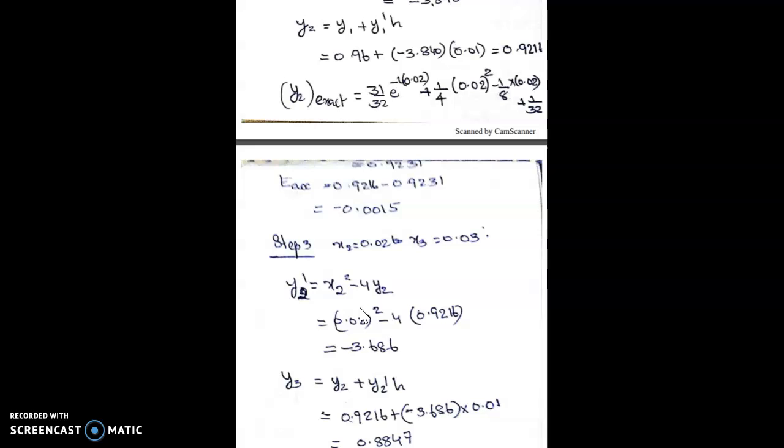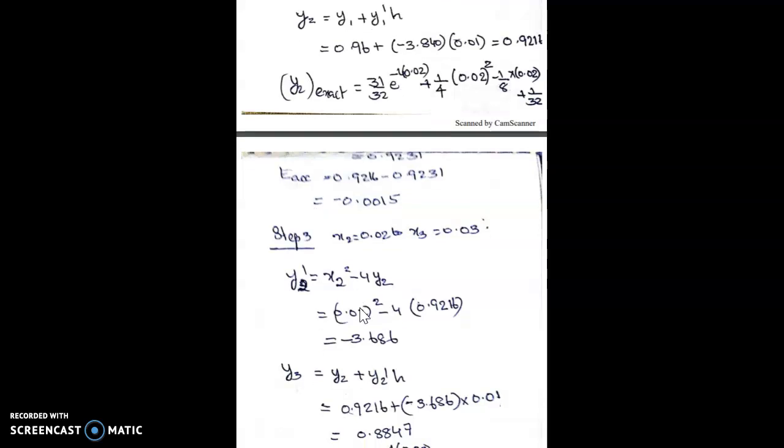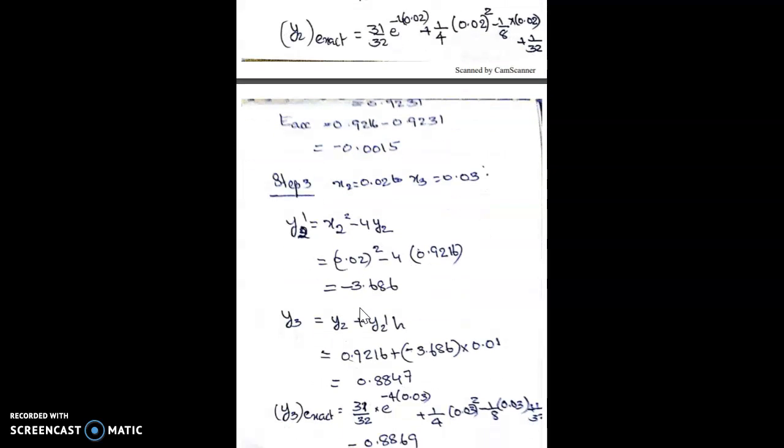And step 3: x_2 = 0.02 and x_3 = 0.03. And y_2' = x_2^2 - 4y_2 = 0.02 whole square - 4 into 0.9216 = -3.686. And y_3 = y_2 + y_2' h = 0.9216 + (-3.686) into 0.01 = 0.8847.